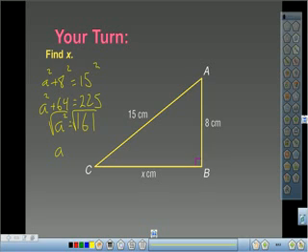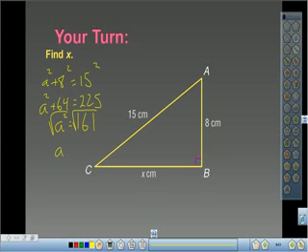What are the legs? A and B. For lack of better terms, they're not the hypotenuse. They're the other parts of the triangle. So don't get confused if we start talking about the legs and the hypotenuse. Just realize legs are touching the 90, hypotenuse across from the 90. And the big thing with the Pythagorean theorem that I want you to write down: C is the hypotenuse. Every time, no question asked.